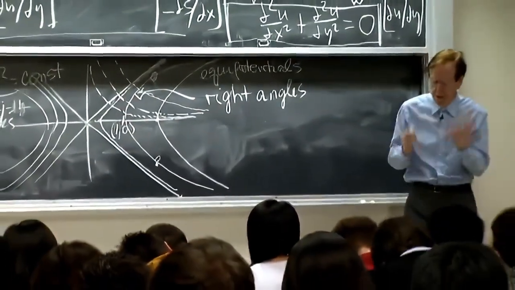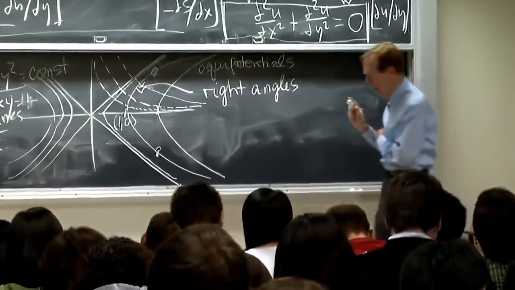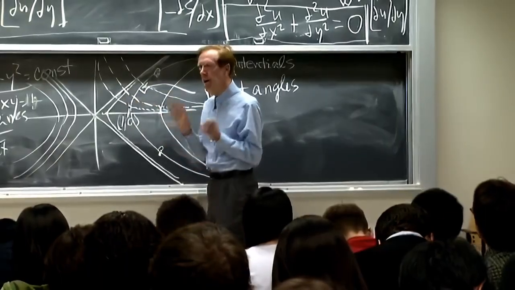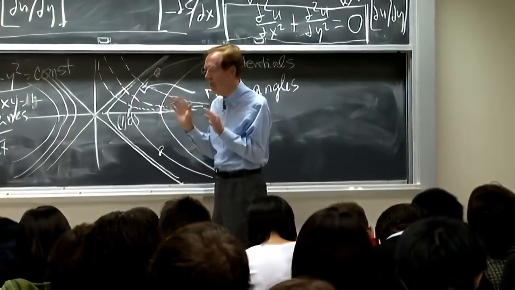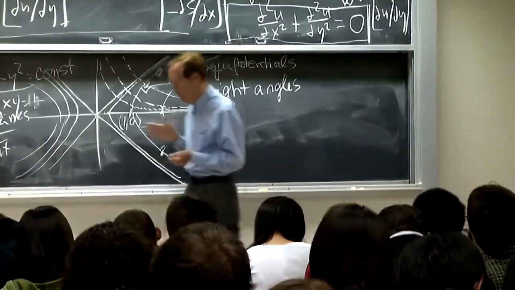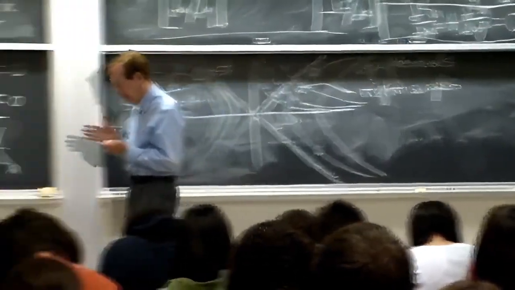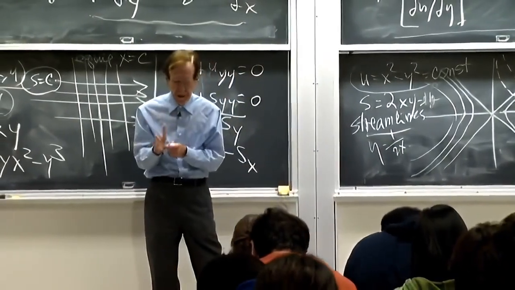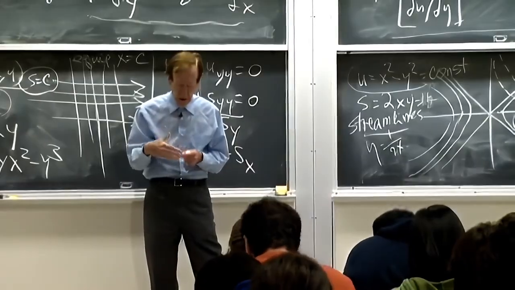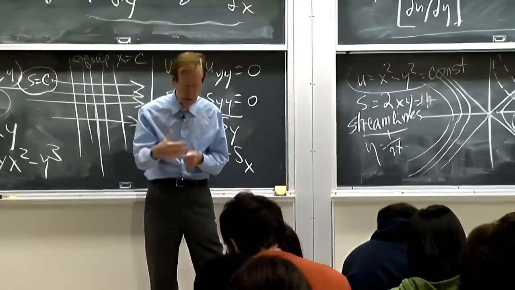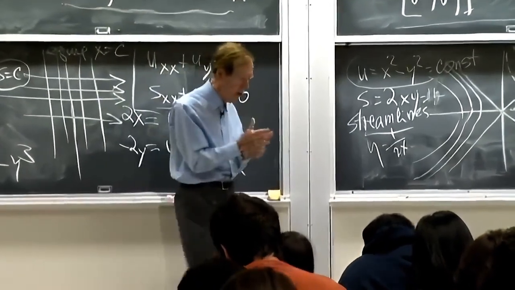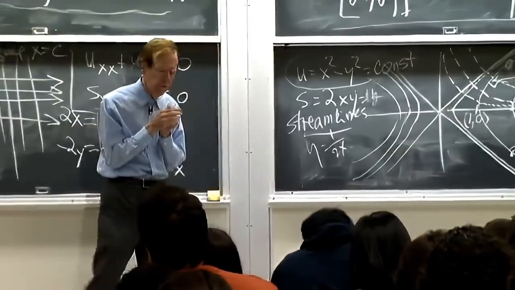You may have seen this before, and now I just want to ask you why. Why are those 90 degrees? We kind of see it physically, that the flow is in the gradient direction, and we know that gradients are always perpendicular to equipotential lines. The gradient of any function is perpendicular to the level curves.